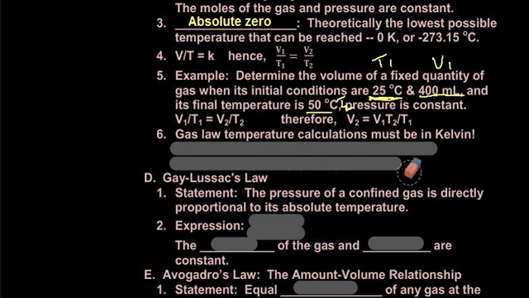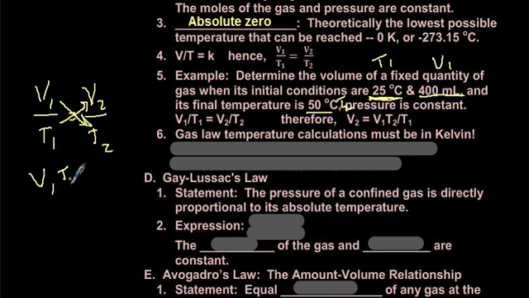Okay, so here's our cross multiply. I'm going to demonstrate this once for you, and you will need to follow suit. V1 over T1 equals V2 over T2. To solve for this, we will cross multiply V1 times T2 and T1 times V2. That will give us V1 T2 equals T1 V2.